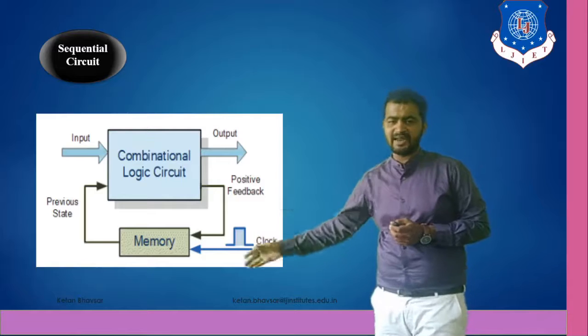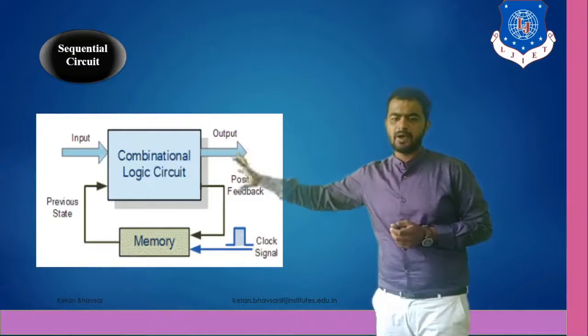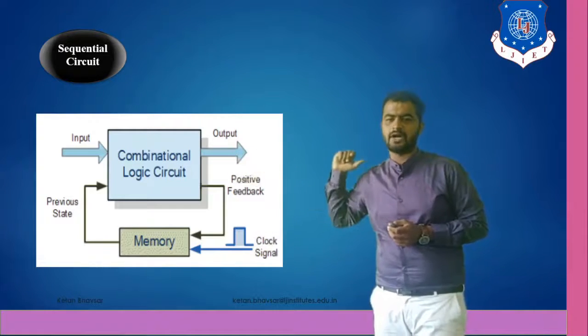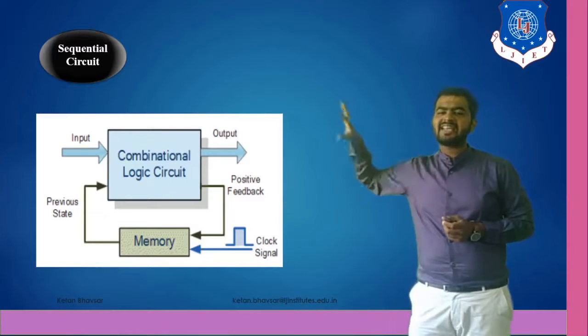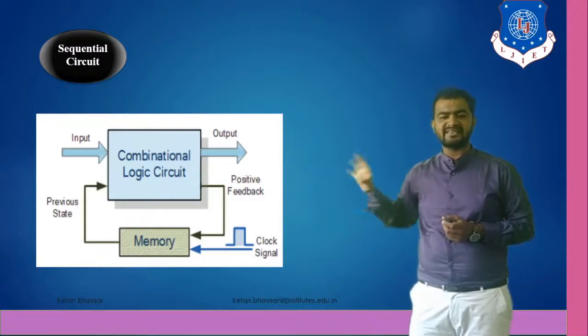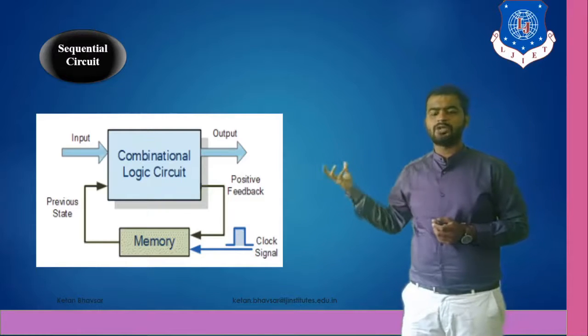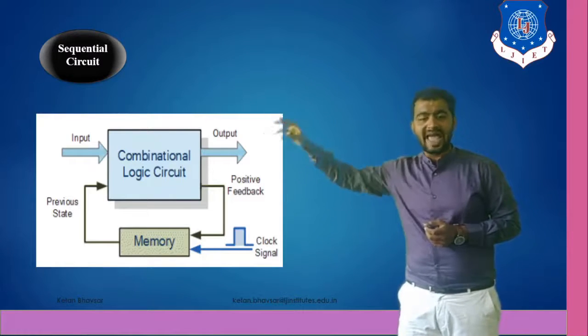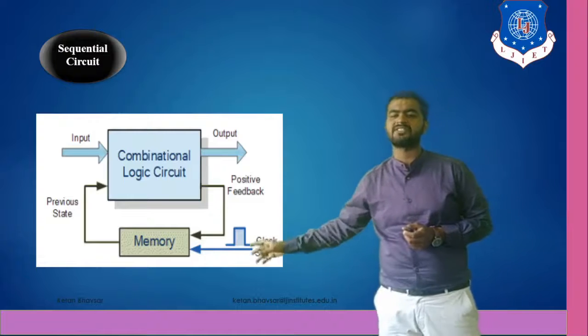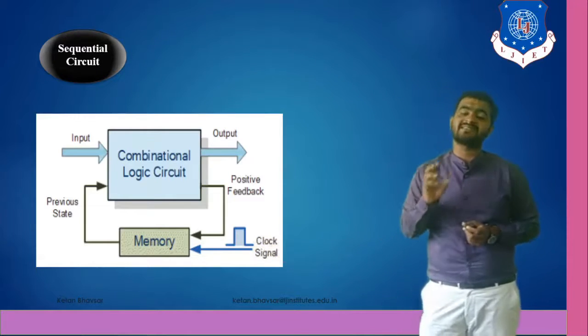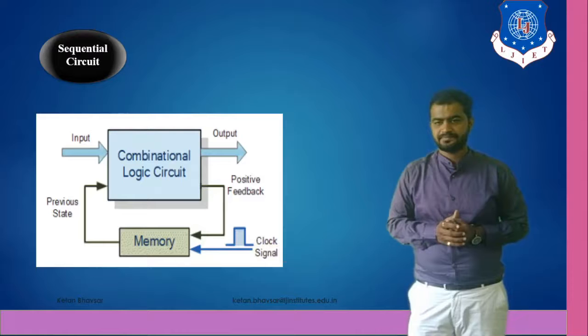So you apply some mechanism on the combinational circuit and generate the output. It is a sequential circuit in which the output depends on the input as well as on the clock pulse and memory element too. So it's called a sequential circuit.